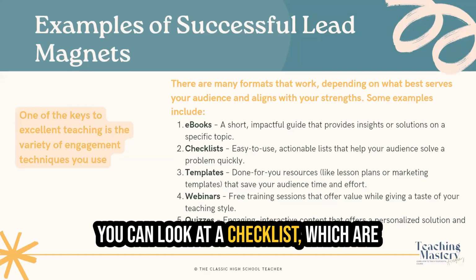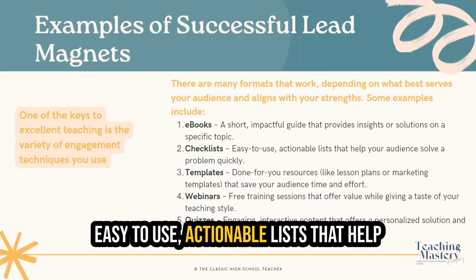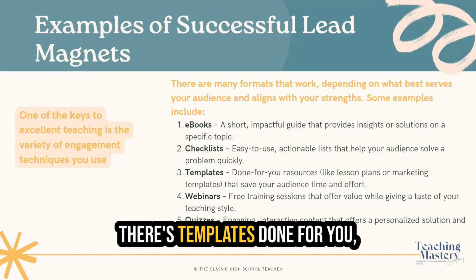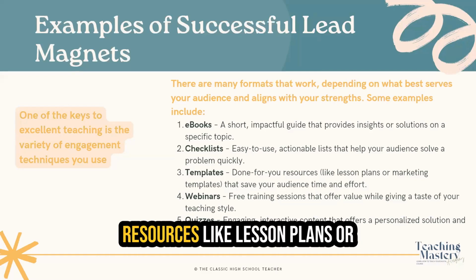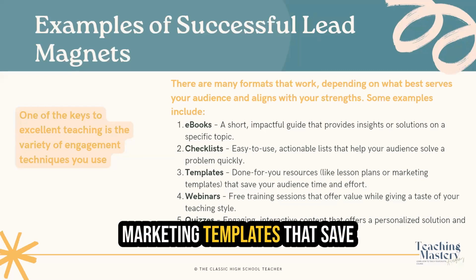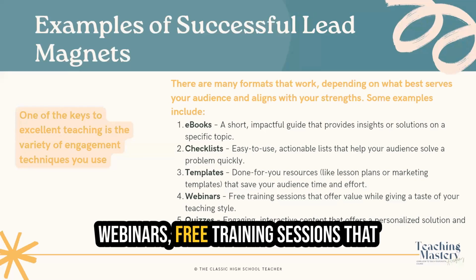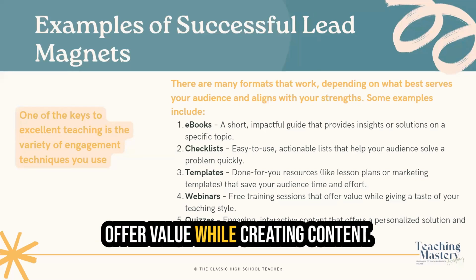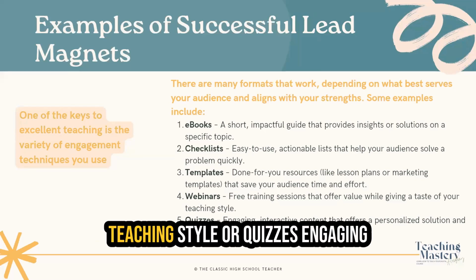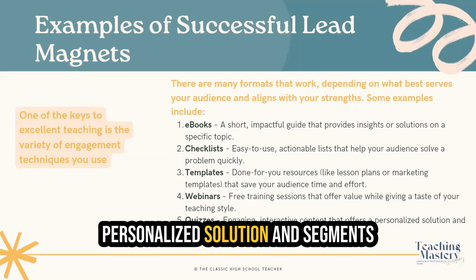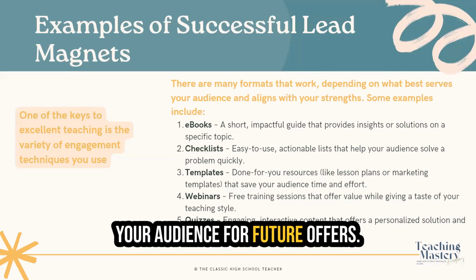You could look at a checklist, which are easy to use, actionable lists that help your audience solve a problem quickly. Then there's templates, done-for-you resources like lesson plans or marketing templates that save your audience time and effort. Webinars, free training sessions that offer value while giving a taste of your teaching style. Or quizzes, engaging interactive content that offers a personalized solution and segments your audience for future offers.